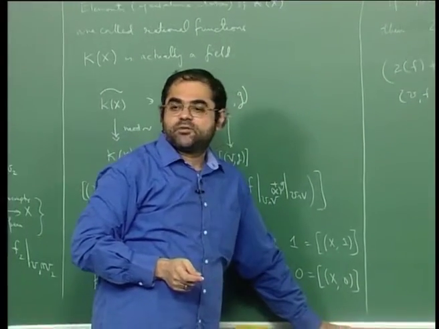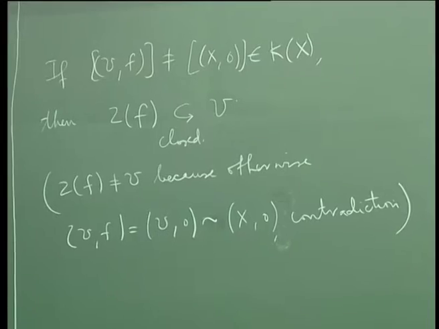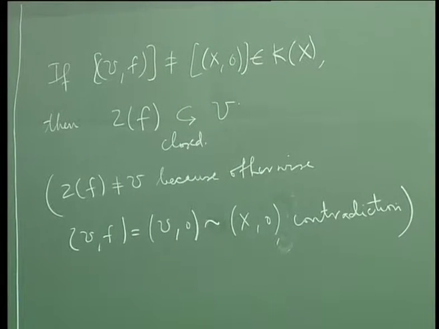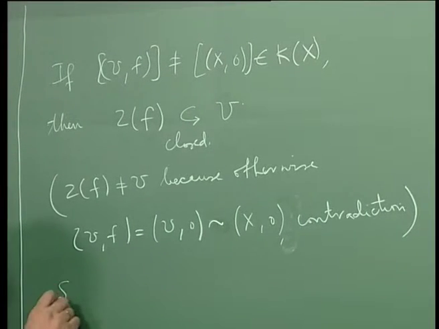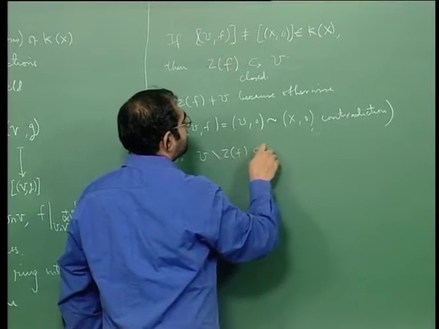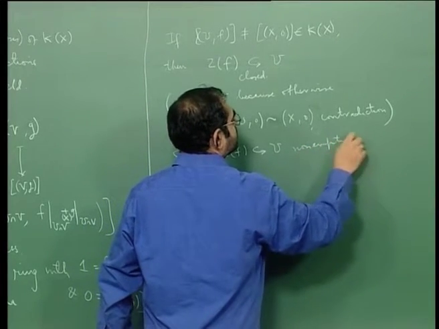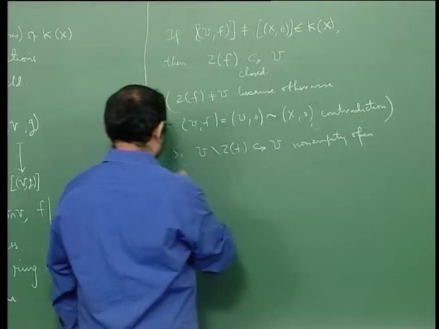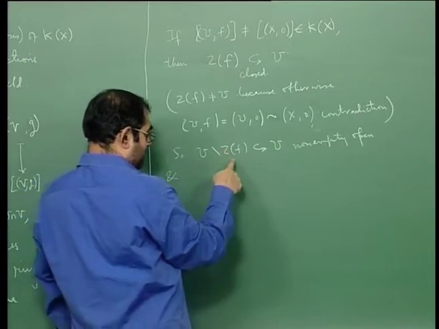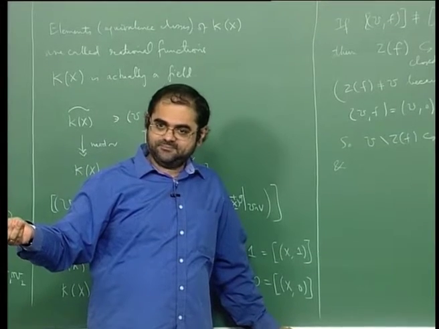So that means Z(f) is a proper closed subset of U, so its complement in U is again an open subset of U. So you know, U minus Z(f) inside U is non-empty open, and of course, where a regular function does not vanish, its reciprocal is also a regular function, okay.